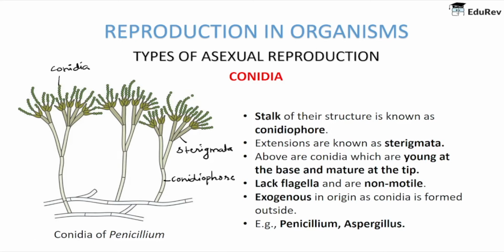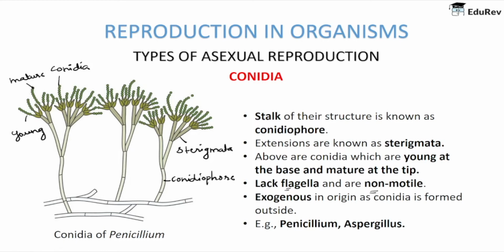Now if we see the structure of conidia which are formed on sterigmata, we'll see that the young conidia are formed at the base and the mature conidia are formed on the top of these structures. But unlike zoospores, these conidia lack flagella, because of which they are non-motile in nature, means they are not able to move freely.